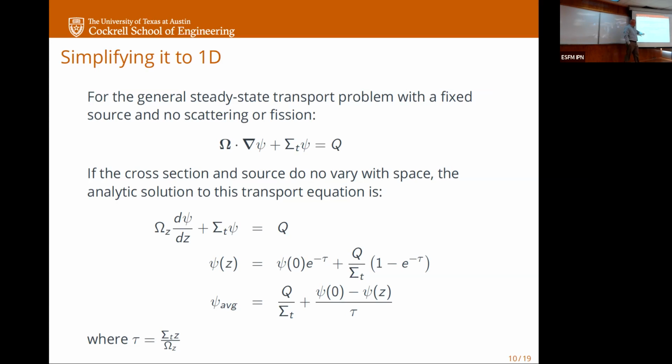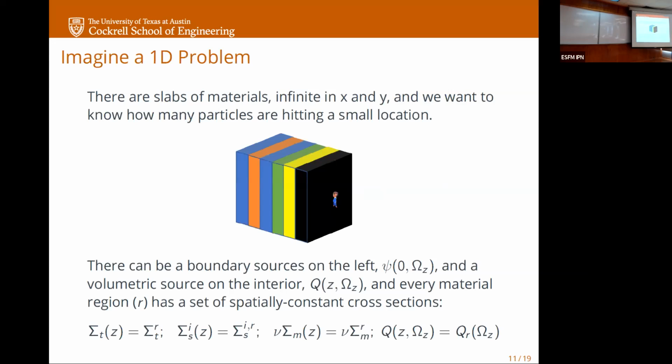Then if we knew psi as a function of z, we could figure out what the average from 0 to z was, and the average from 0 to z would look just like that. So now, if we know that this is our problem, we can analytically derive that one solution. But in it, we had to assume that q and sigma were constant.